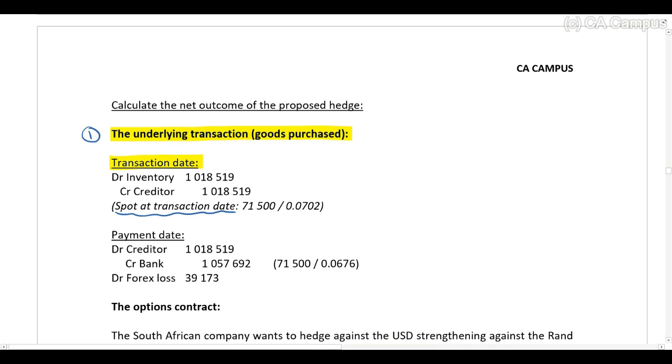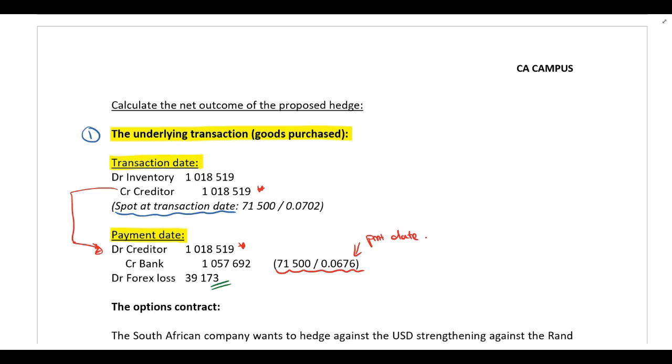Then 30 days later, when you pay for the inventory, all we're doing is we debit the creditor with the same amount as above so that we get rid of the creditor. We credit bank with the spot rate on payment date. And the difference between the two is a foreign exchange loss of 39,173 Rand.